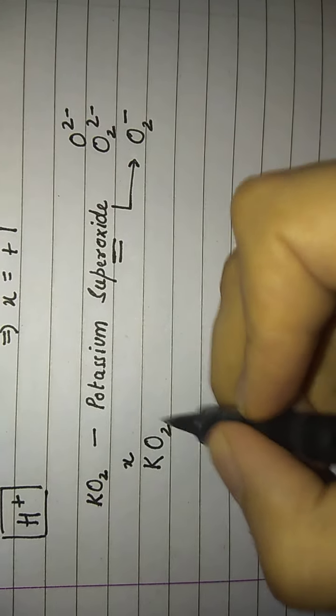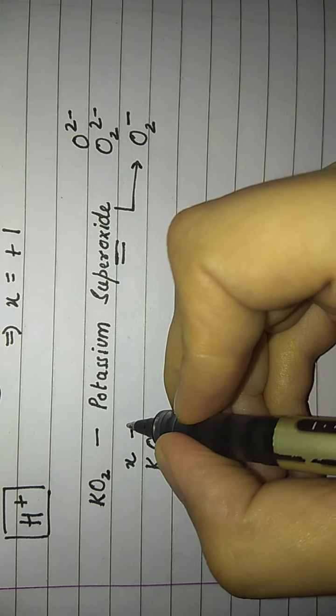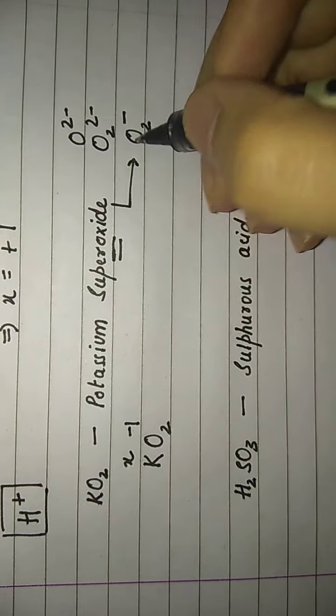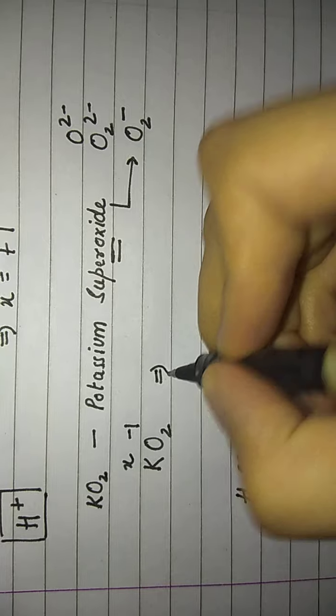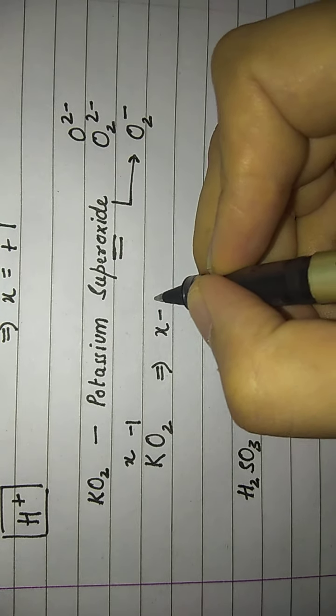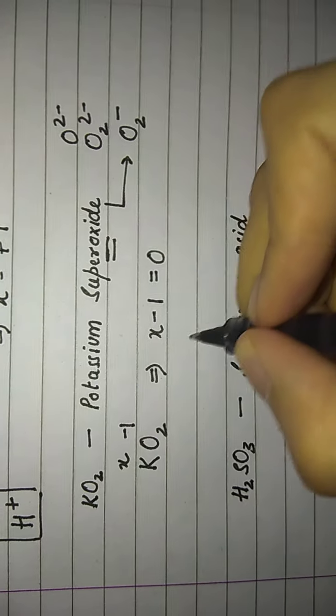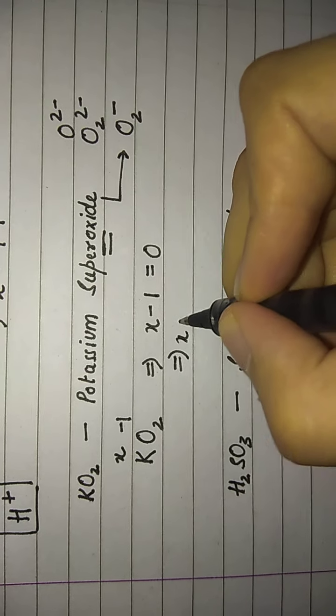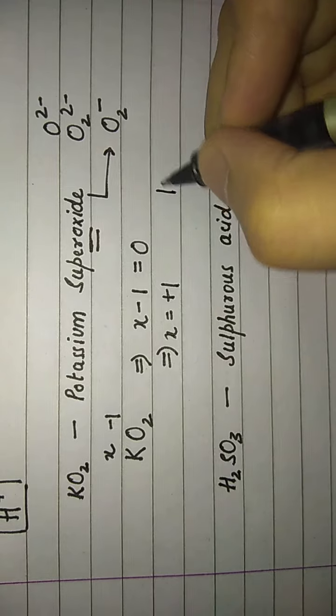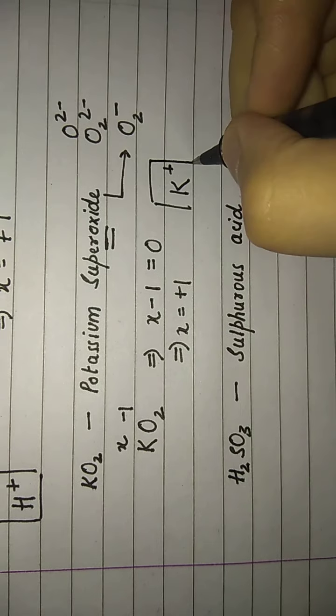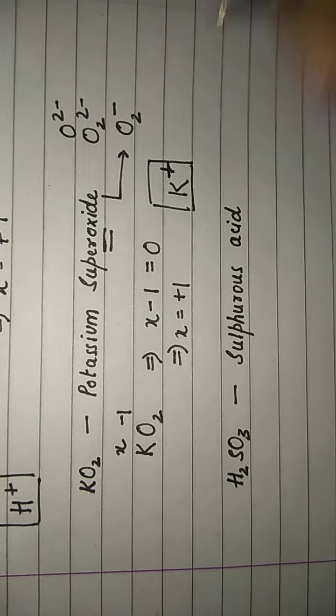Over this whole O2 I have -1 charge as written here. So my equation will be X minus 1 is equal to 0 because this is again an electrically neutral compound. So X will be equal to +1. So potassium exhibits a charge of +1 in this compound.